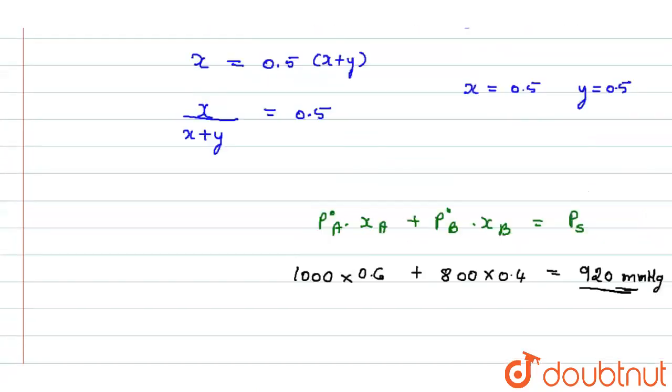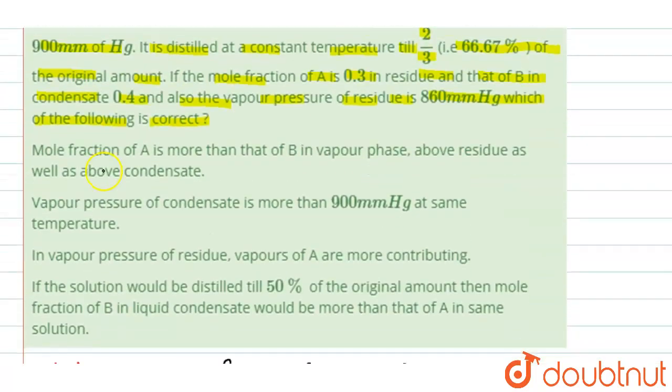Okay. So we'll see the options. Mole fraction of A is more than that of B in vapor phase, above residue as well as above condensate.